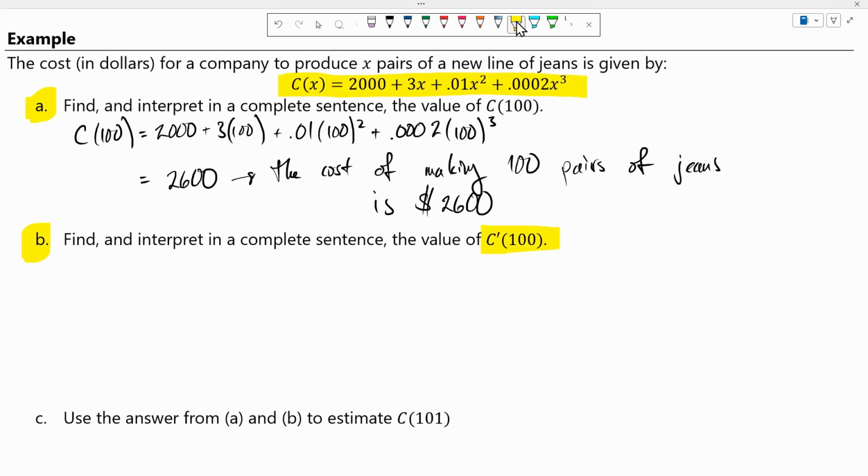Got it? Okay. So it's exactly how you would think we do it, right? So first of all, we need to find C prime of x. We need to find the derivative of this right here first.